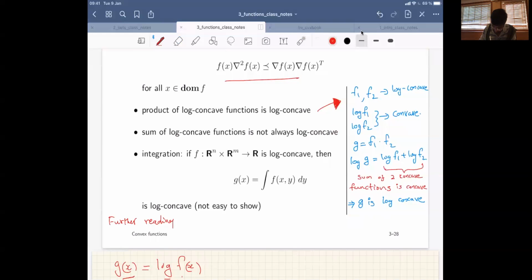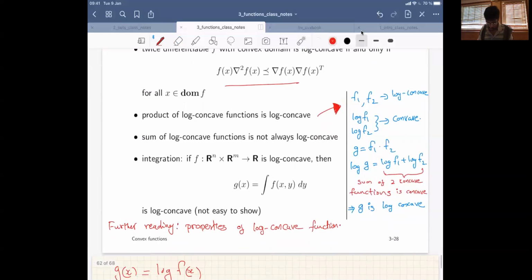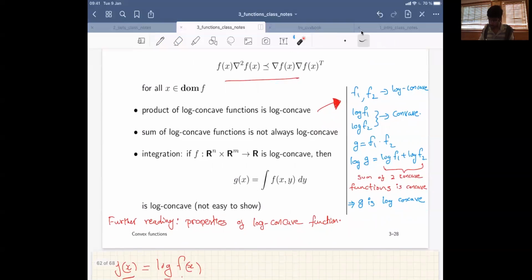you may read properties of log concave functions. Another property, which we are not going to prove because it is difficult: you have a function f in x and y which is log concave.